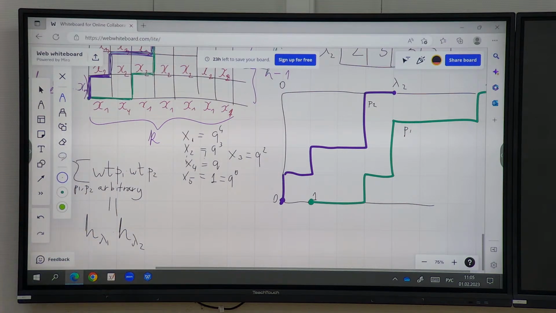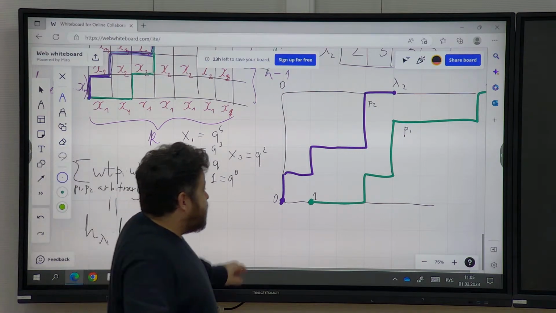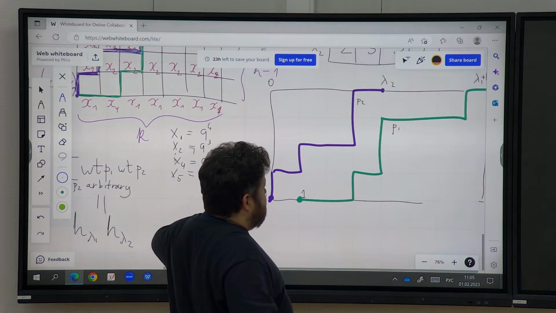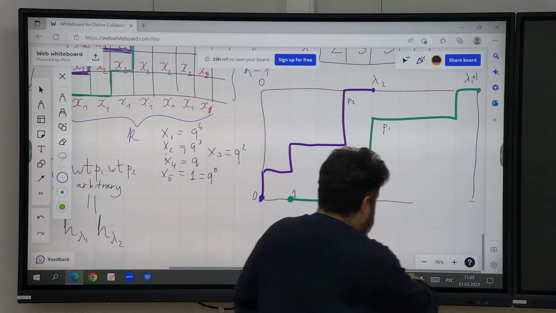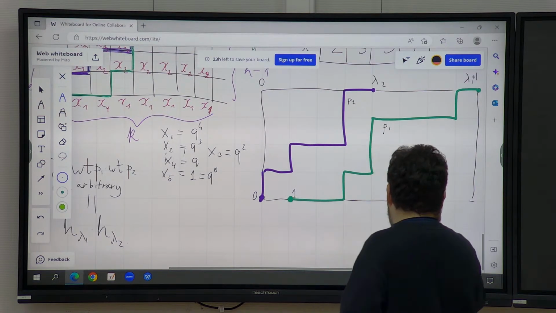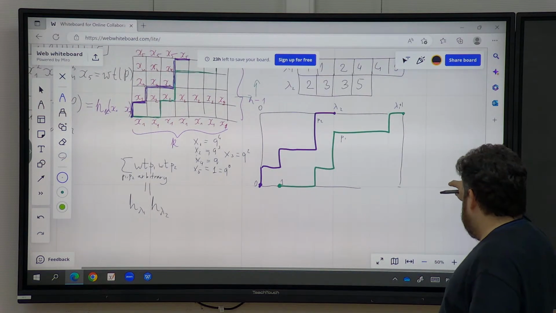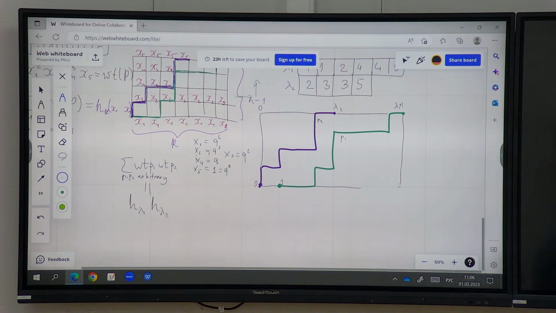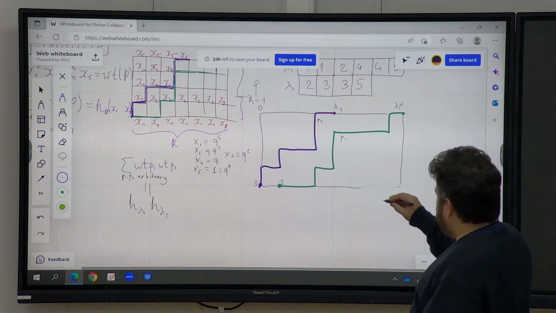Okay, all right. So this was something where I had no restrictions. What happens if, well, now I want to have something different.